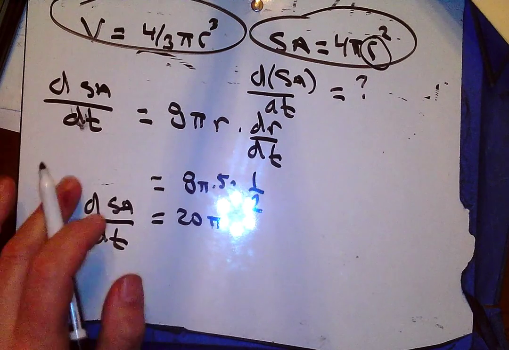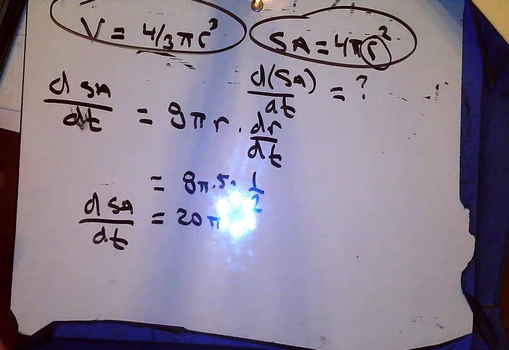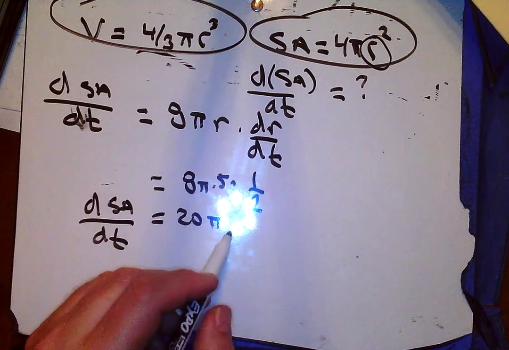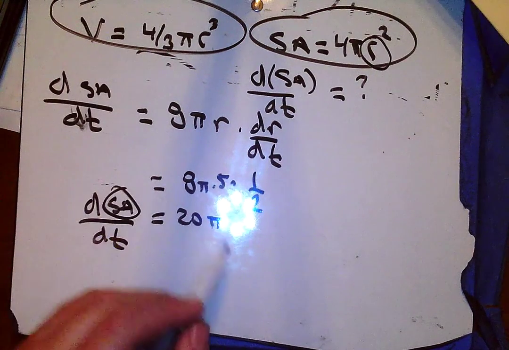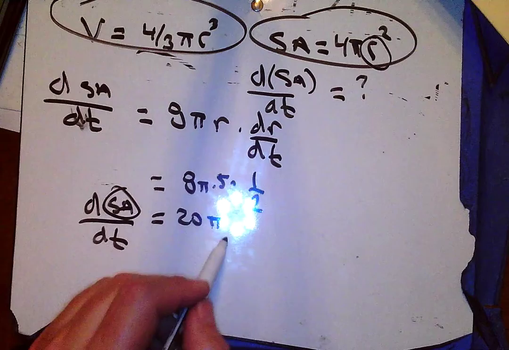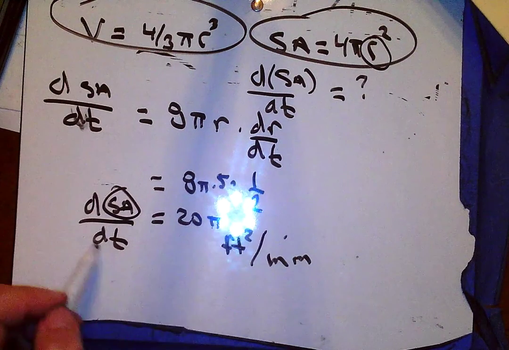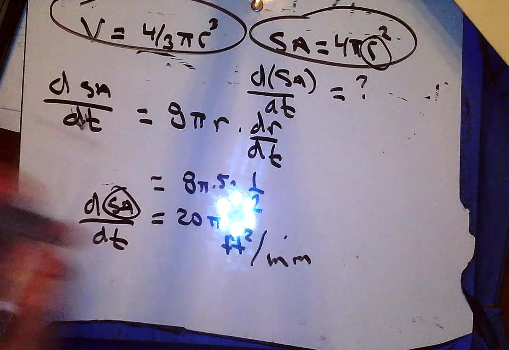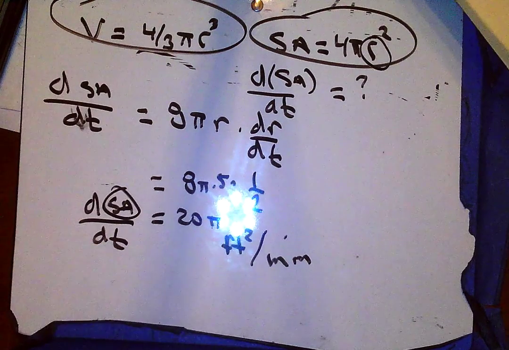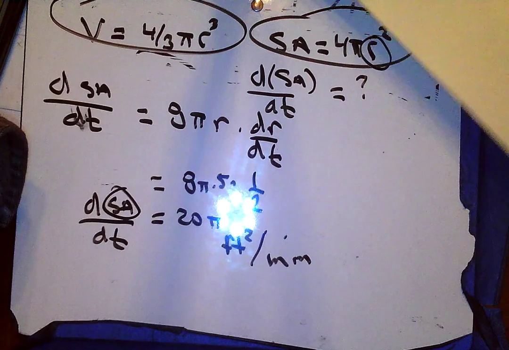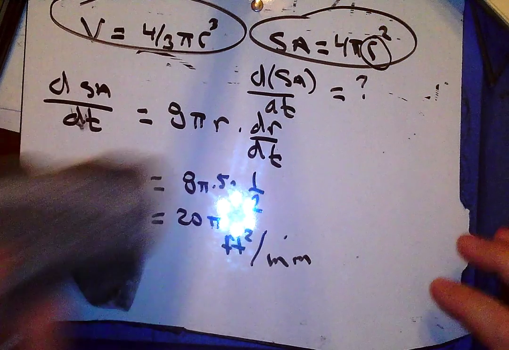You could, of course, just write dS/dt or dA/dt, doesn't matter to me, but I do want the units to show up here, and area units are going to be feet squared over these time units, minutes. So 20 pi square feet per minute. Fabulous. And there's our answer to station 8.